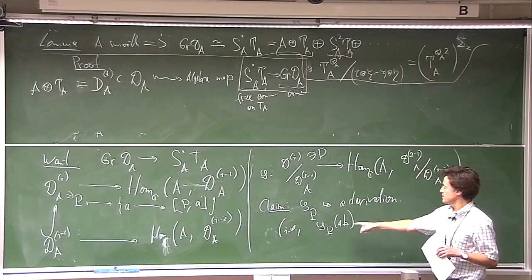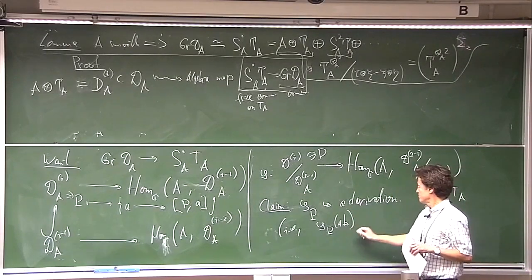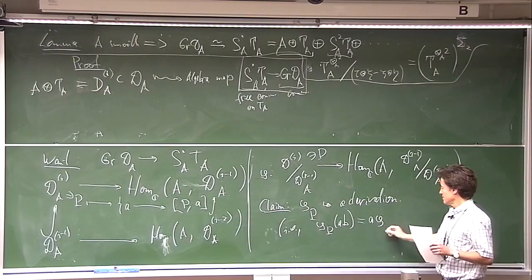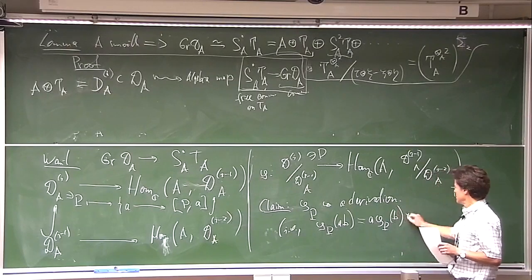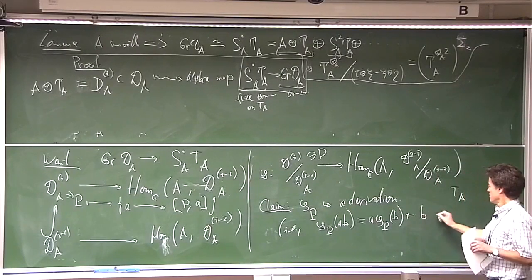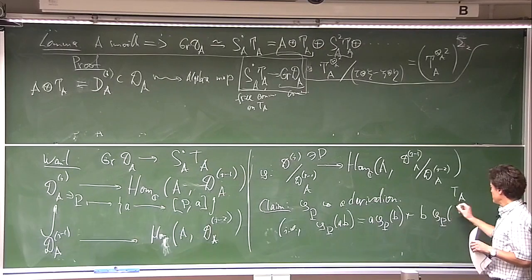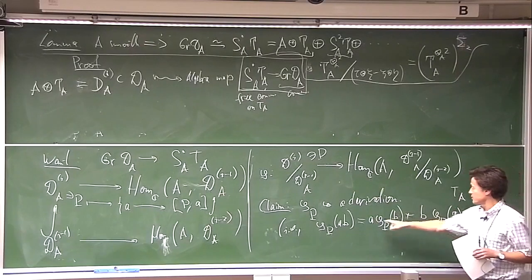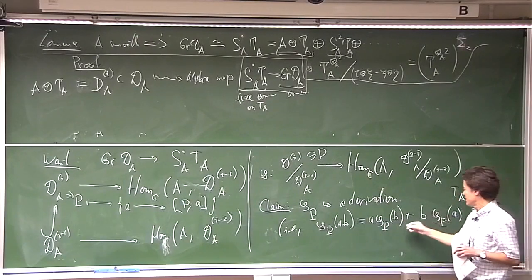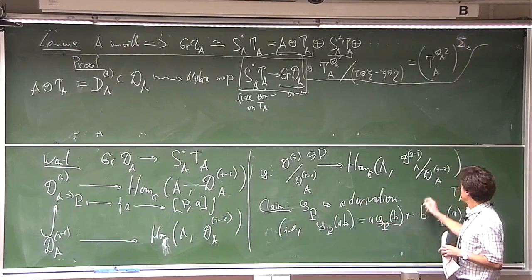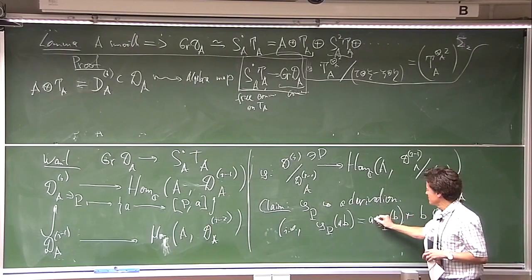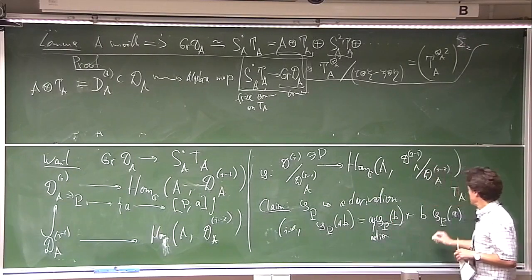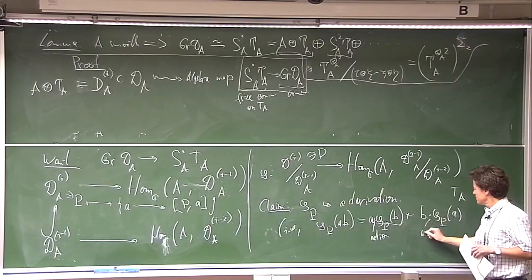Being a derivation means that the value on the product is exactly what you would expect if you don't think about the meaning of this formula, except that now what previously was the product in A is now the action. So this is an element of that module, and this is not the product, this is the action. As well as this.